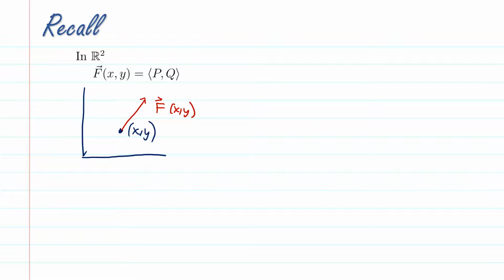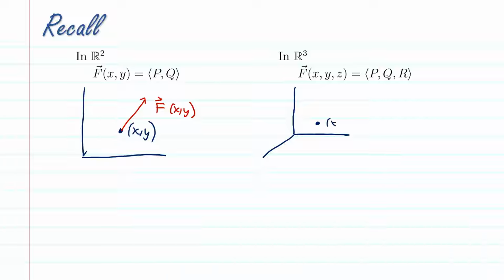Similarly, in R3, kapag meron tayong vector field in R3, bawat point in space, so bawat xyz, may associated vector f of xyz. Tapos itong f of xyz na to, 3D vector to, na yung components ay itong PQR na to.